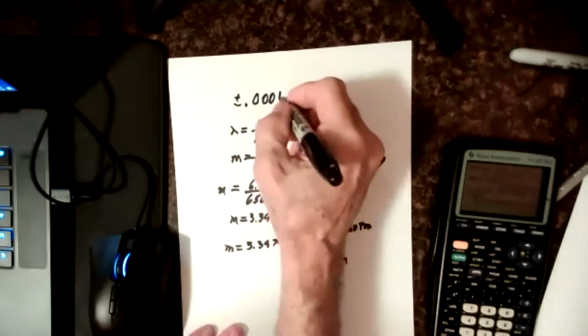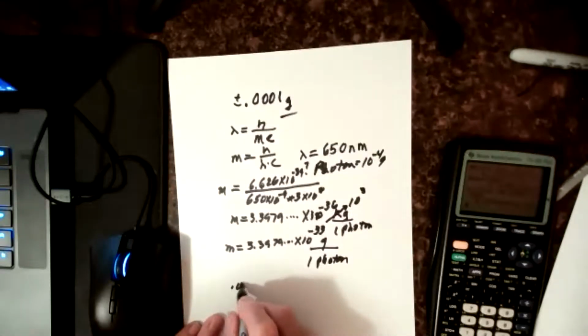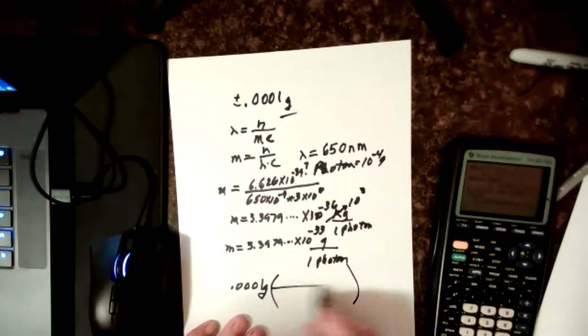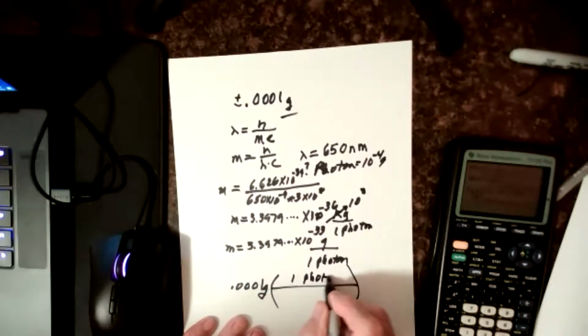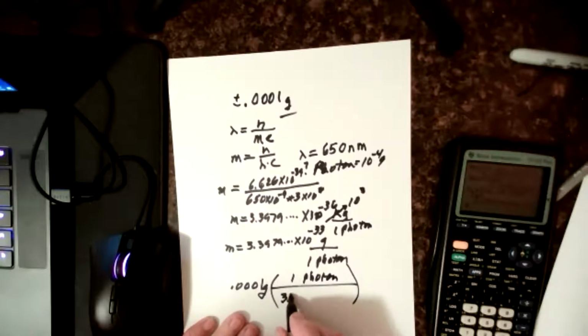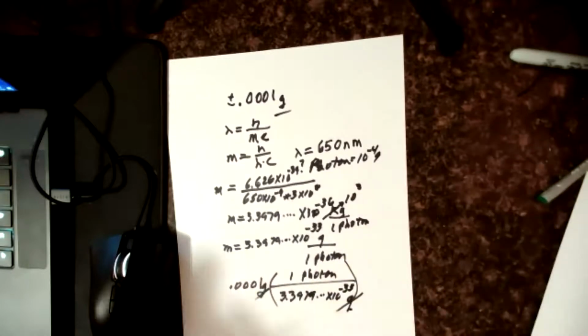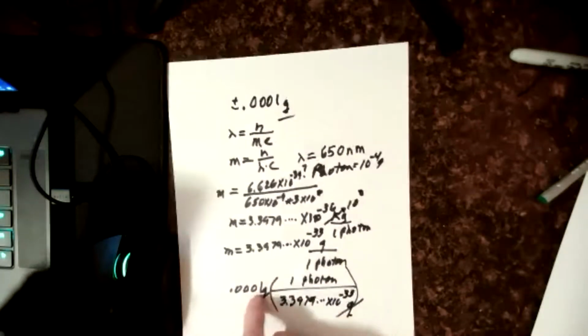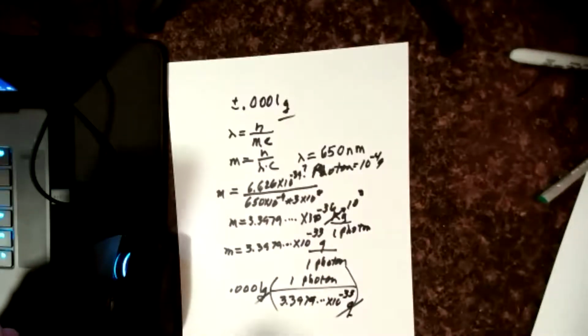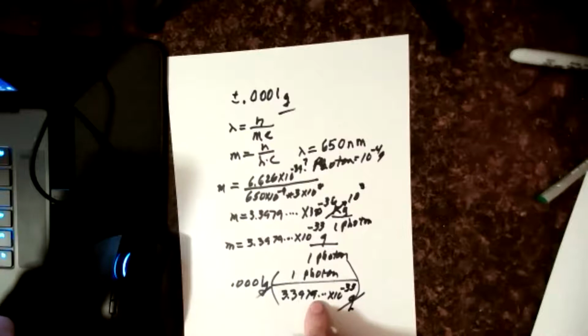Now, there's my mass. My mass is 0.0001 grams. And I've got a conversion factor. 1 photon has a mass of 3.3979 in digits times 10 to the negative 33 grams. Now my gram units will cancel. So I'm trying to convert, so I'm going to take that number and divide by the answer that's still on my screen.